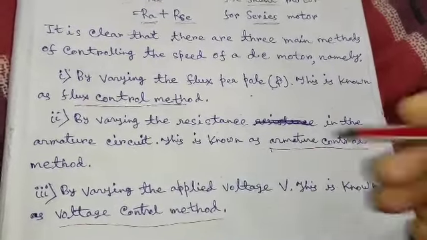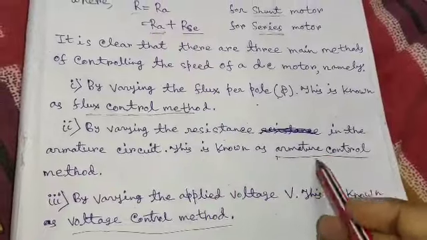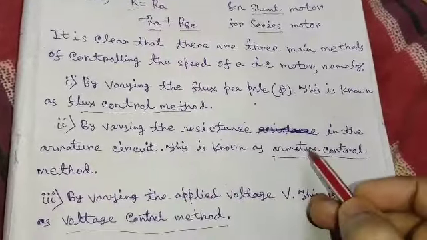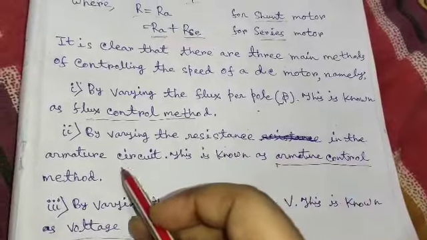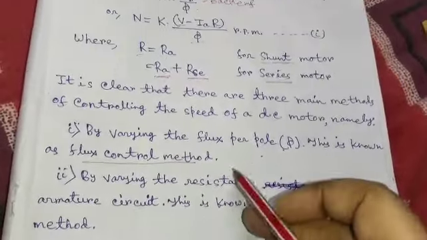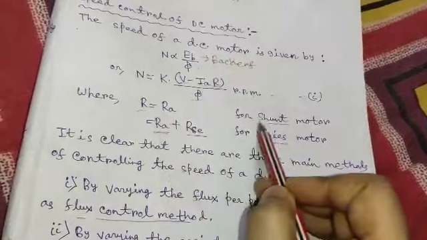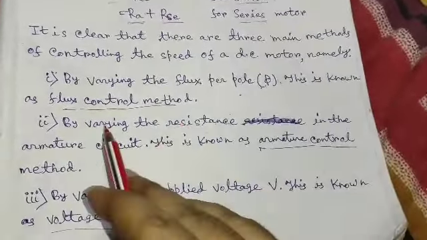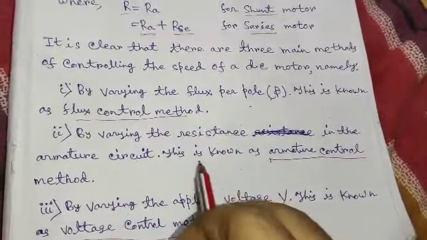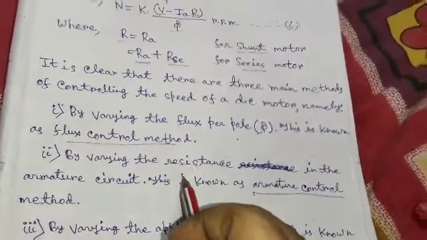Now the second method is the armature control method. In this method, we vary the resistance in the armature circuit, that is, for a shunt motor, RA. By varying this resistance we can control the speed of the DC motor.